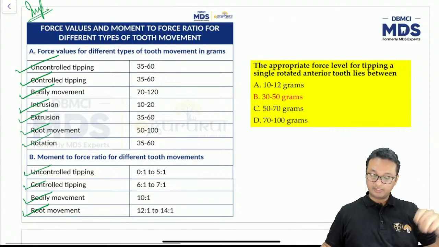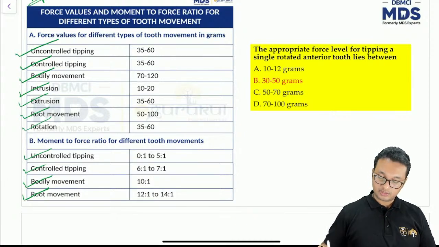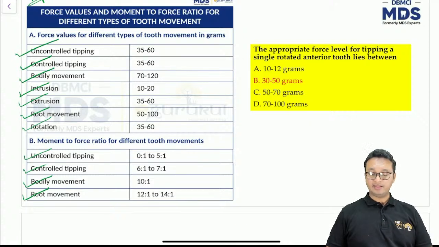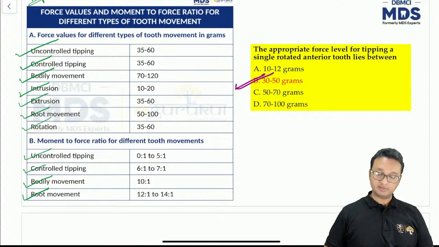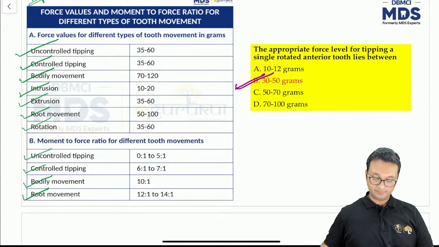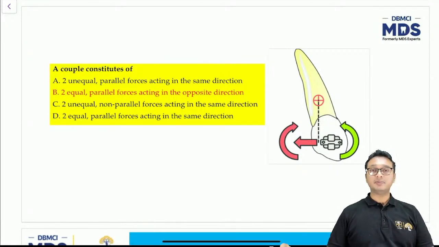One related question: the appropriate force for tipping a single rotated anterior tooth lies between 30 to 50 grams according to the table on your left. What is a couple?